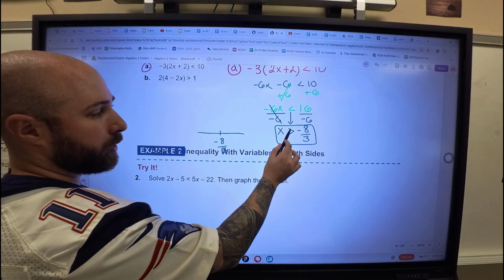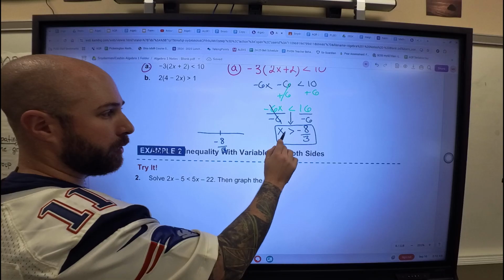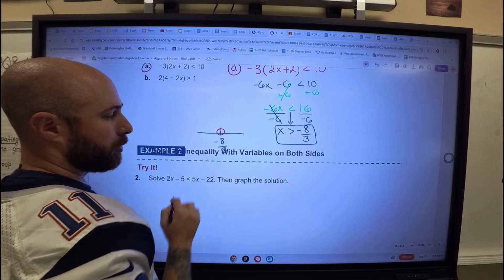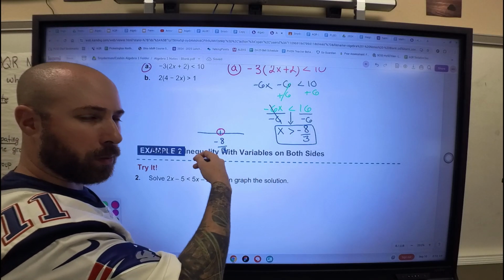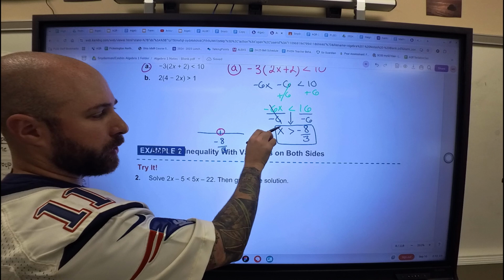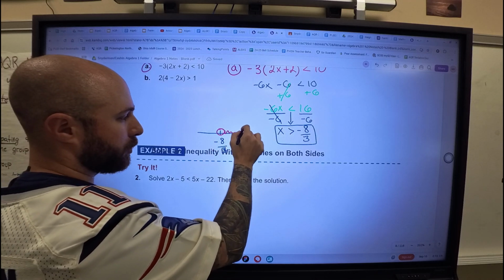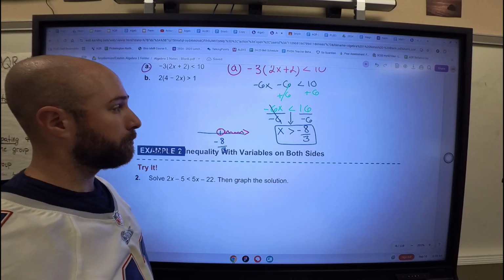Because this inequality just says greater than, it doesn't have an equals to sign underneath. Again, just greater than, it's going to be an open circle. If it said less than, it would also be an open circle. And then we're going to go in the direction that this arrow is pointing. This arrow is pointing to the right for greater than, so we're going to go to the right and put our arrow. And that is how we graph it.